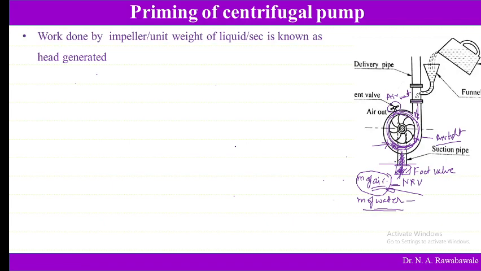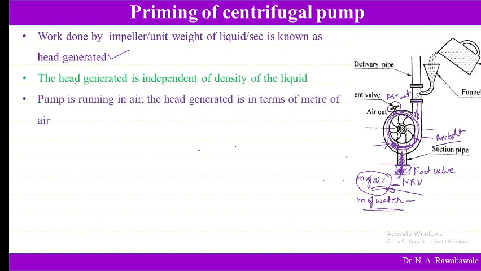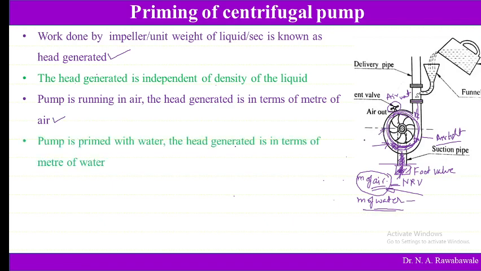The work done by the impeller per unit weight of liquid per second is known as the head generated. This head generated is independent of the density of the liquid, but for a pump running in air, the head is in terms of meters of air. When the pump is filled with air, the head generated is in terms of meters of air, and if the pump is primed with water, then the head generated is in terms of meters of water.